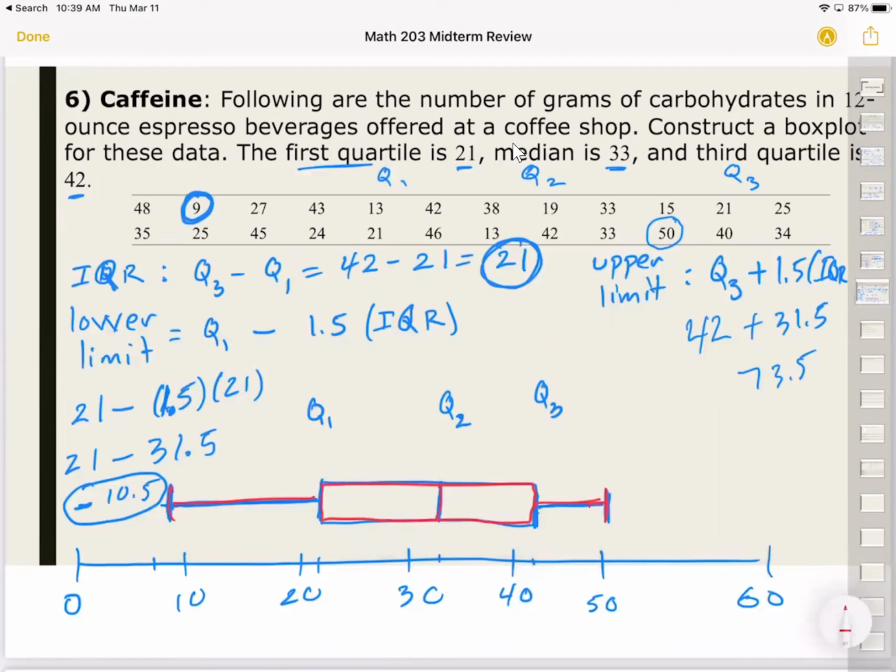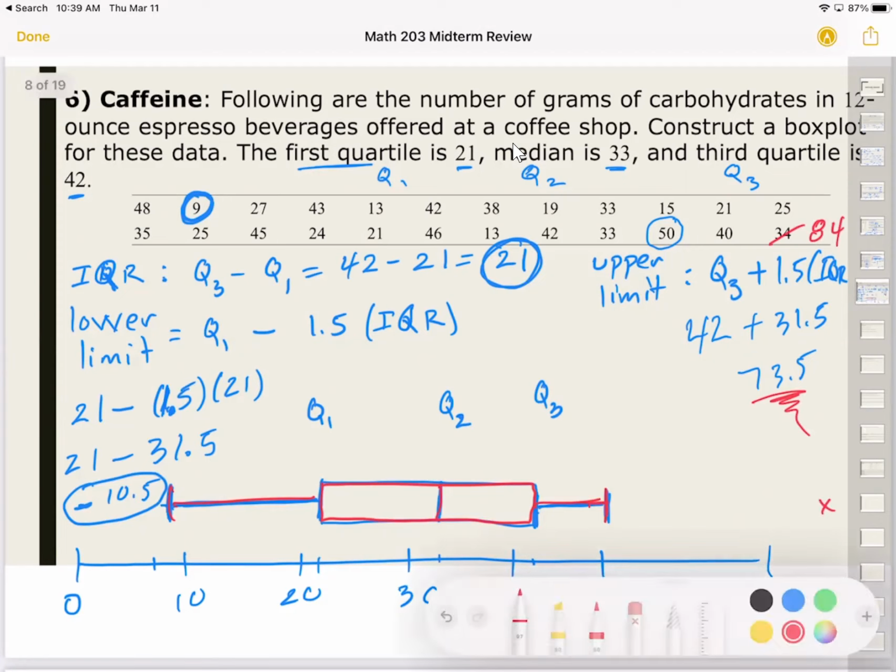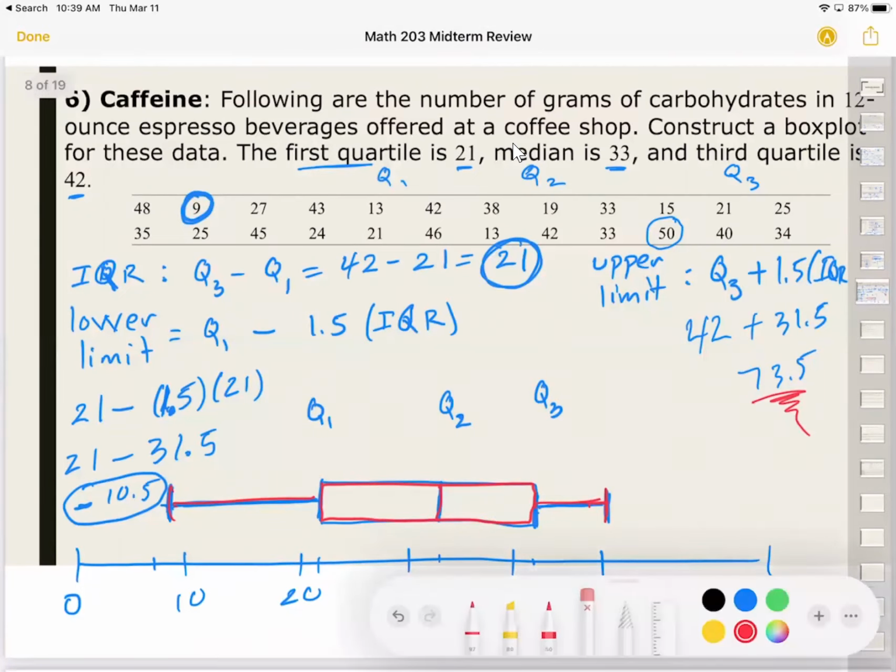We don't have any outlier because there's no number bigger than this item. For instance, if this number were to be 84, then yes, we would have an outlier over there. But based on this, we don't have any outlier. Again, the lower limit and the upper limit are just for you to identify your outlier.